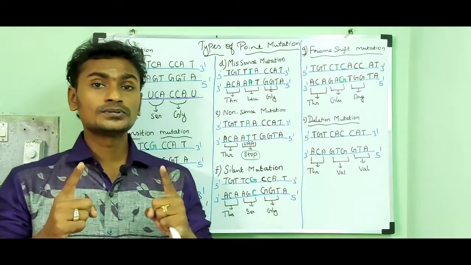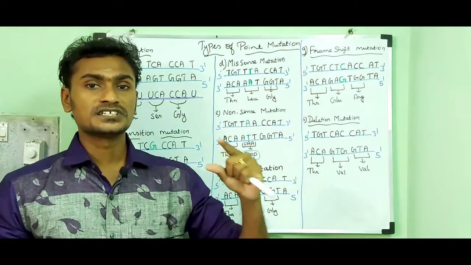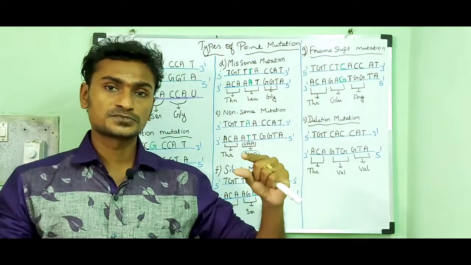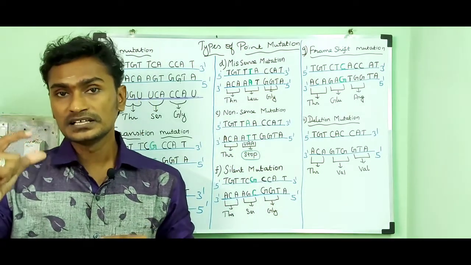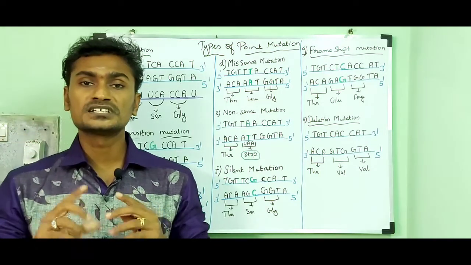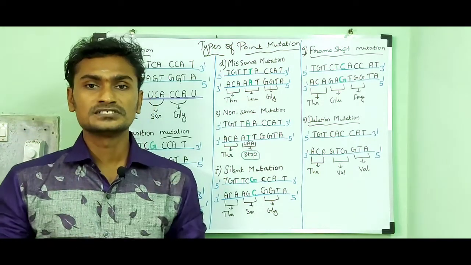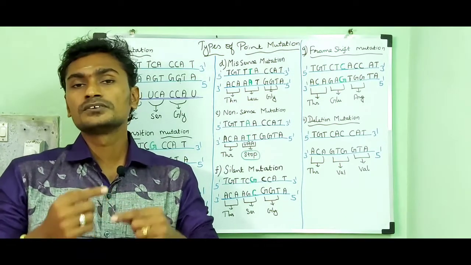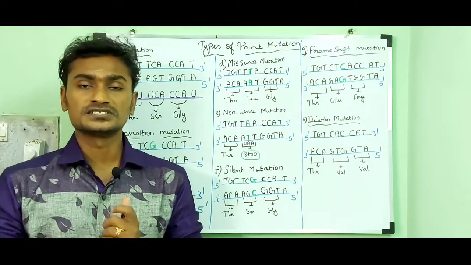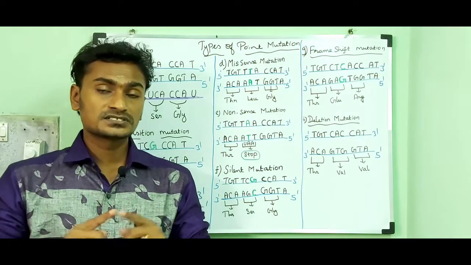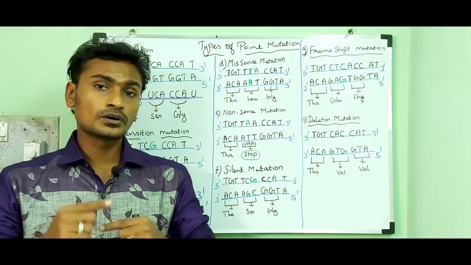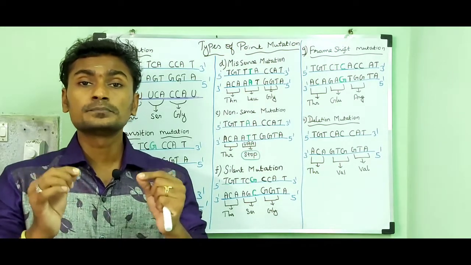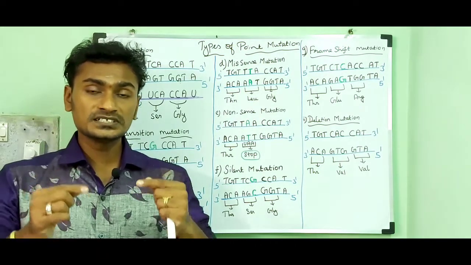So I told you earlier, molecular changes and effects on translation. Base pair substitution and base pair deletion or addition mutation lead to molecular changes. Molecular changes means the mutation altering the number of copies of small repeated nucleotide sequence within a gene.